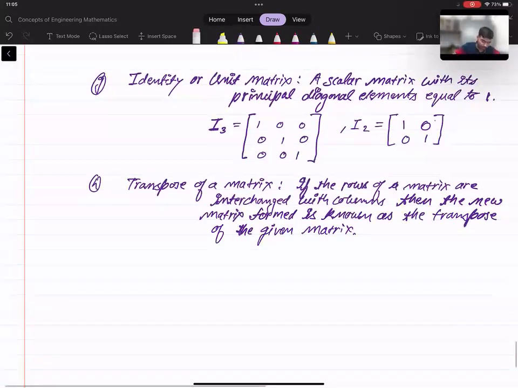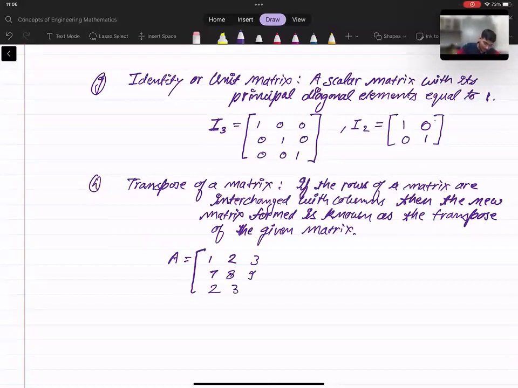So suppose we have a matrix A which is, say, 1 2 3, 7 8 9, 2 3 4. In this case the transpose will be represented as A dash or A prime, sometimes also represented as A T, which represents transpose.